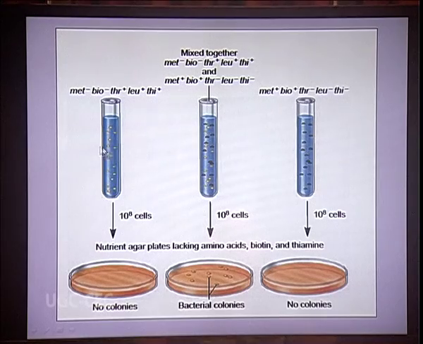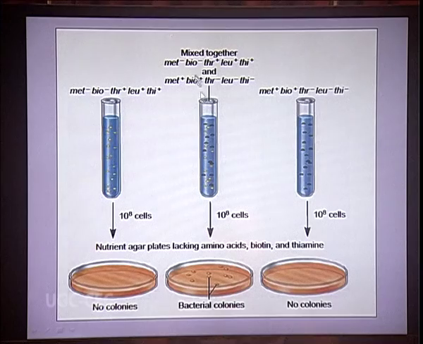On the other hand, when they mixed these two strains together, and from that combined extract they took 10 to the power of 8 cells and plated them on minimal media, they got 10 colonies. So from there they could infer that this mixing is causing some sort of event which is converting these auxotrophs into a prototroph.